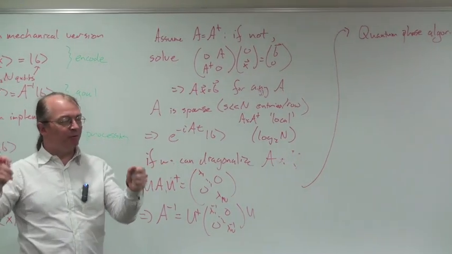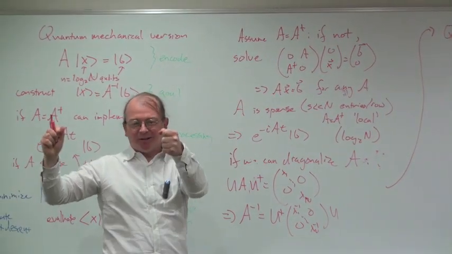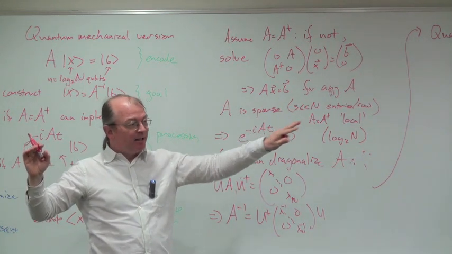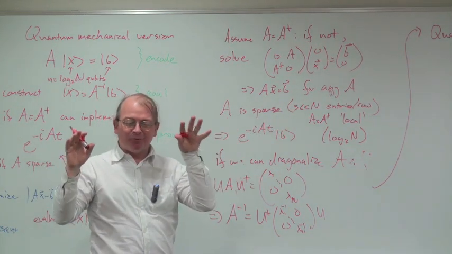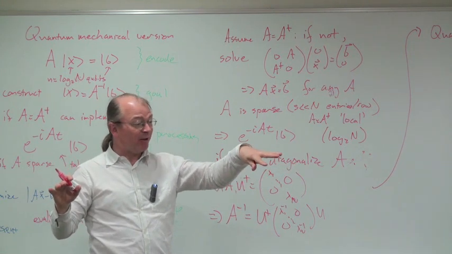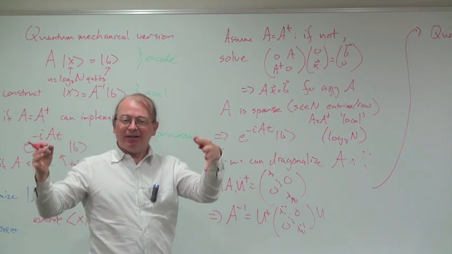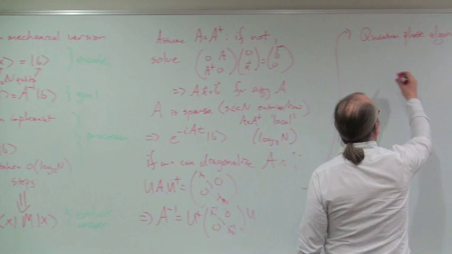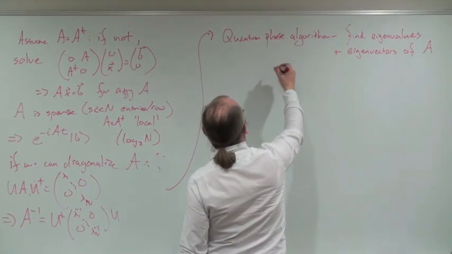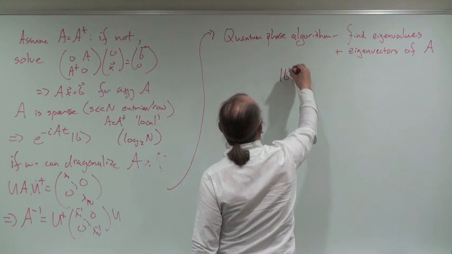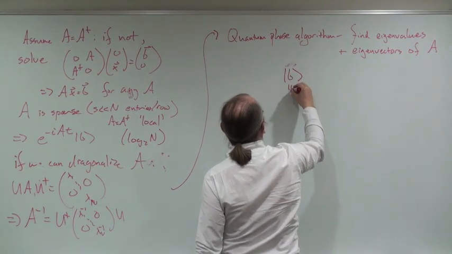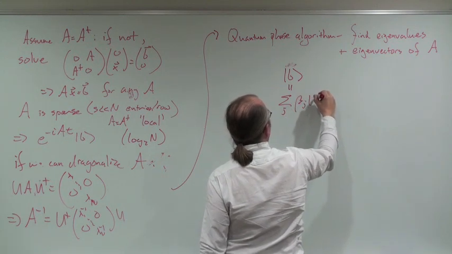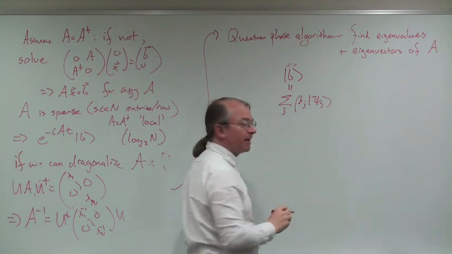When you make a measurement that corresponds to a Hermitian operator A, you get one register that gives you the eigenvalue of A, and then the system is left in the eigenstate of A. The way von Neumann described it, let me just remind you, is that here I have this state B, and B is going to be equal to the sum over, we don't know what these eigenvalues are, let's just call them psi sub j. These are the eigenvectors.